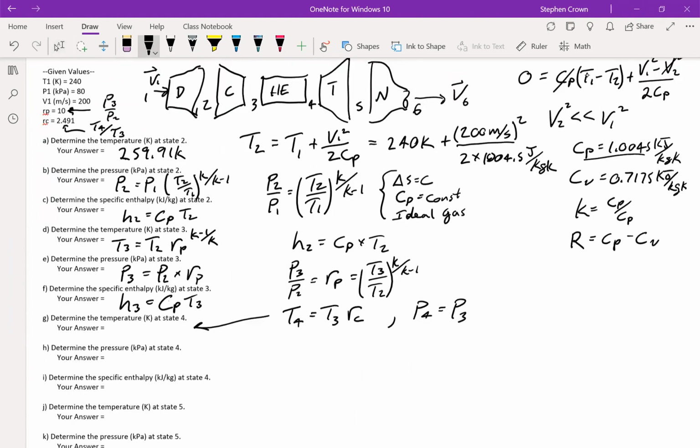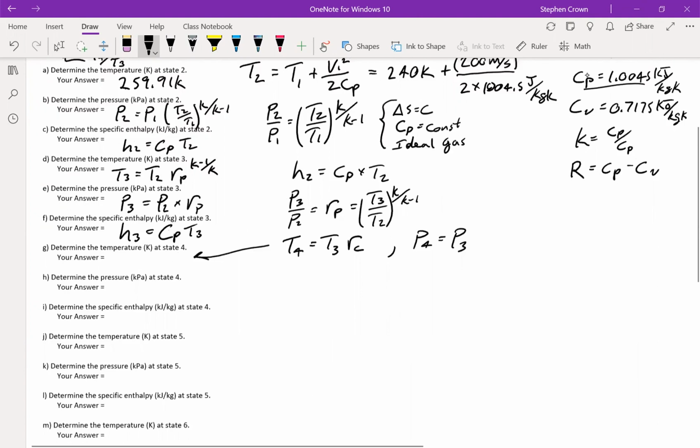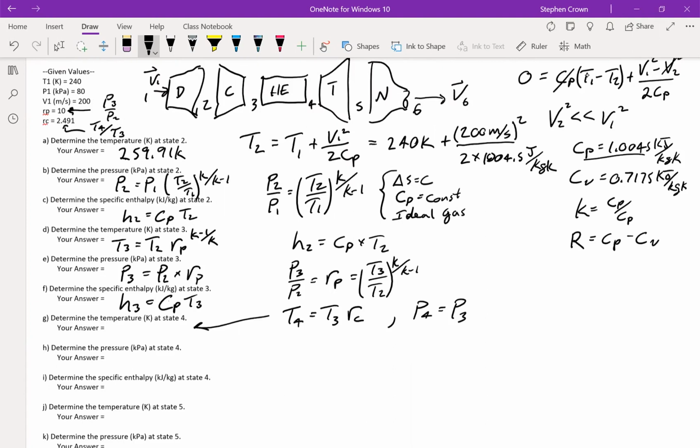The temperature at state 5 is maybe the most challenging to remember. It's very simple because the turbine is only there to provide power for the compressor. So the power output of the turbine is equal to the power input of the compressor.